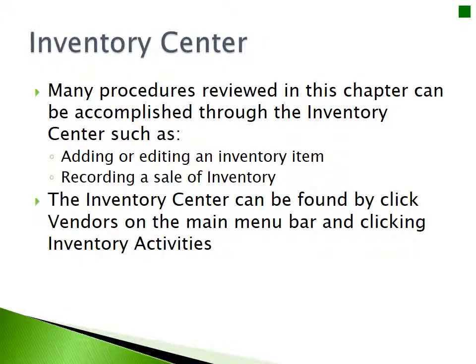Many of the procedures reviewed in this chapter, such as adding or editing an inventory item or recording a sale of inventory, can be accomplished through the Inventory Center. The Inventory Center can be found by clicking Vendors on the main menu bar and clicking Inventory Activities.